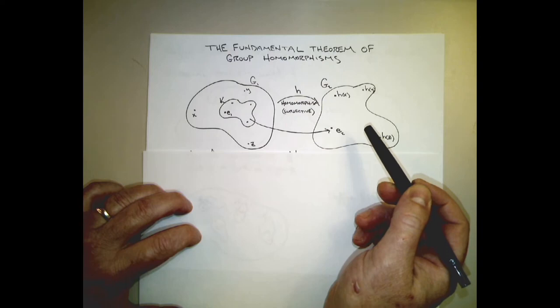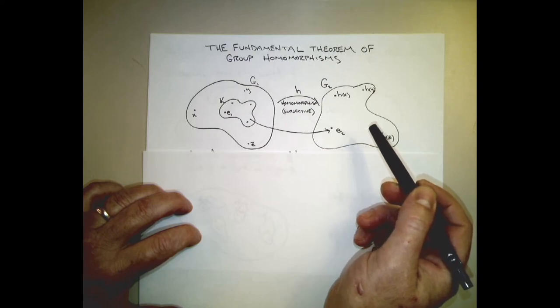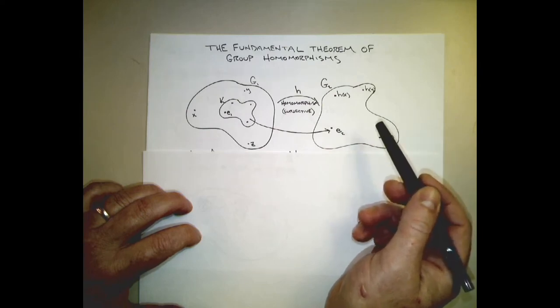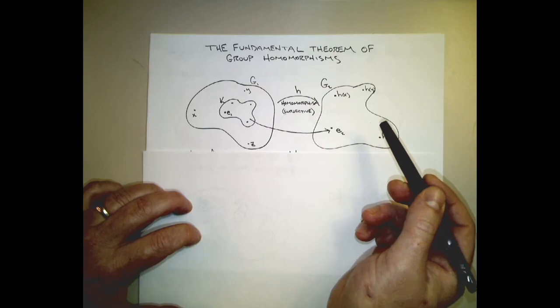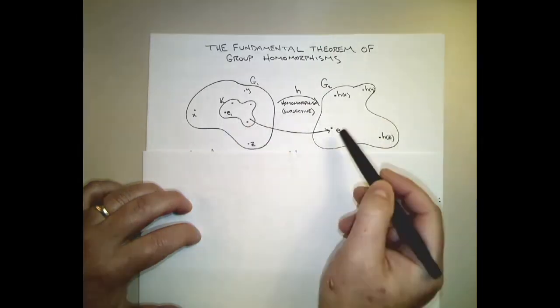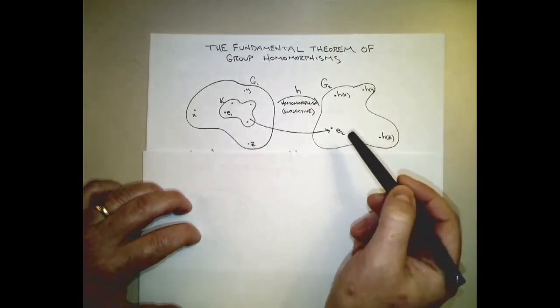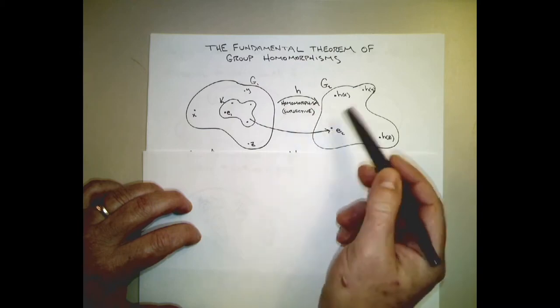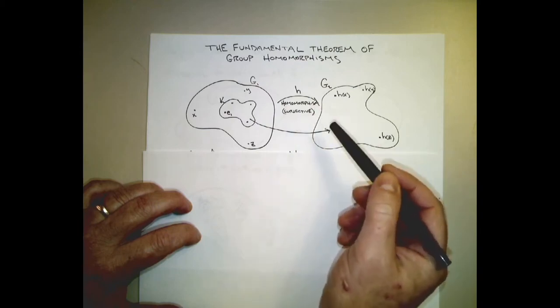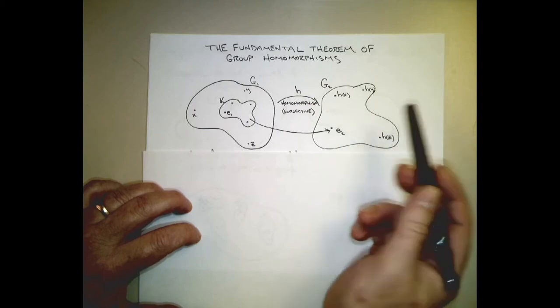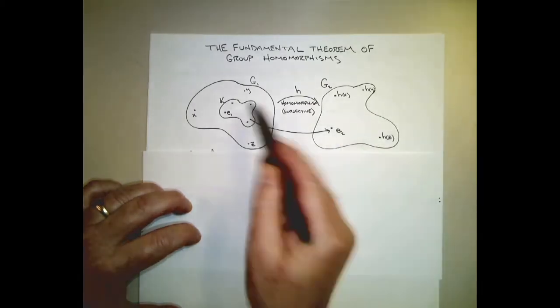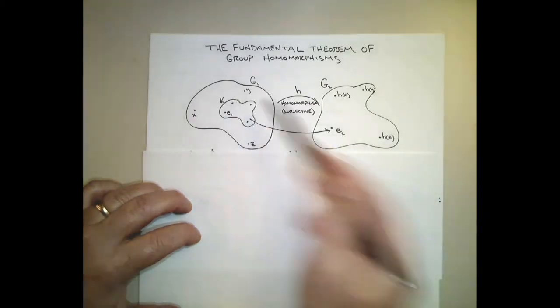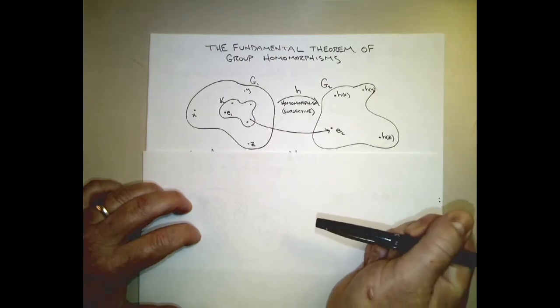In fact, it's identical to the similar theorem for isomorphisms, and I'm going to ask you to do that as a homework exercise. So not only is E1 going to go to E2, but because this is a homomorphism rather than an isomorphism and bijectivity is not required, it's possible that there are other elements that are going to get mapped to E2 as well.